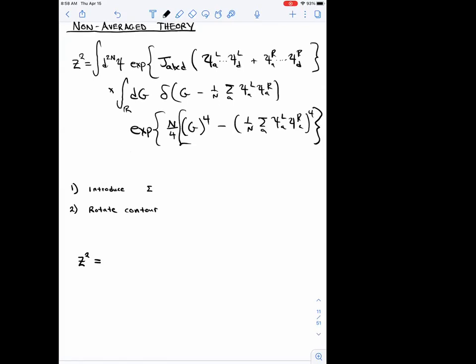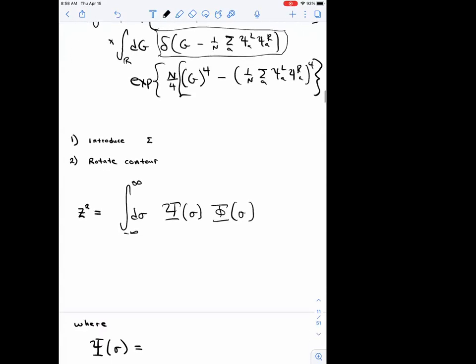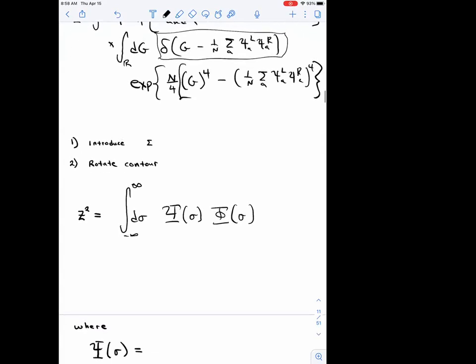So you introduce sigma as an integral representation of this delta function, and then you rotate the contours like we did before. And let me just write the answer in the following way: psi of sigma times phi of sigma. So that's so far just some notation for the answer.